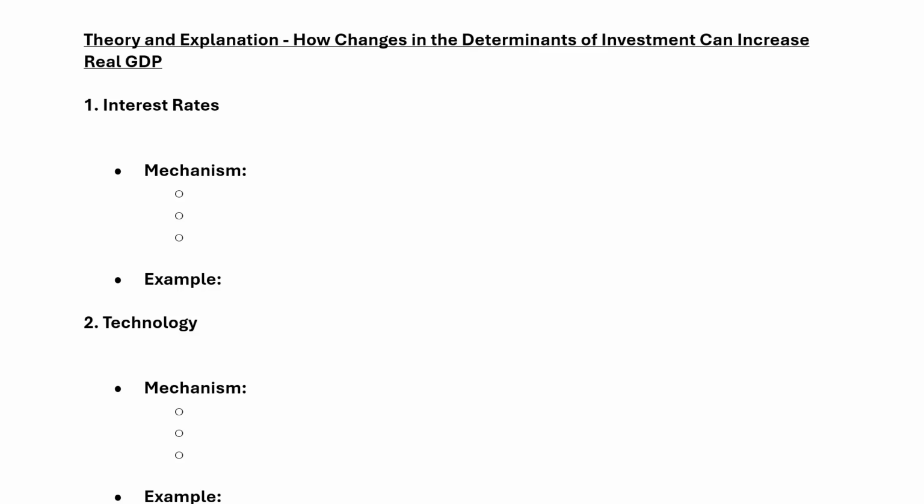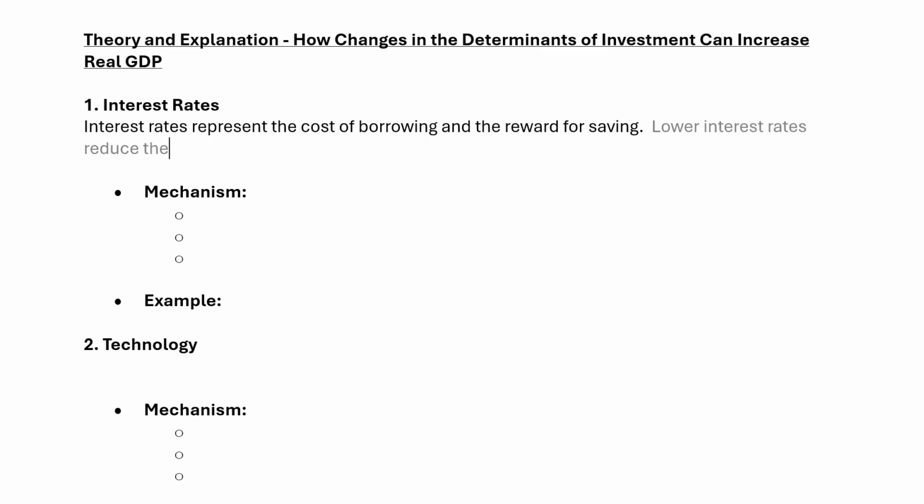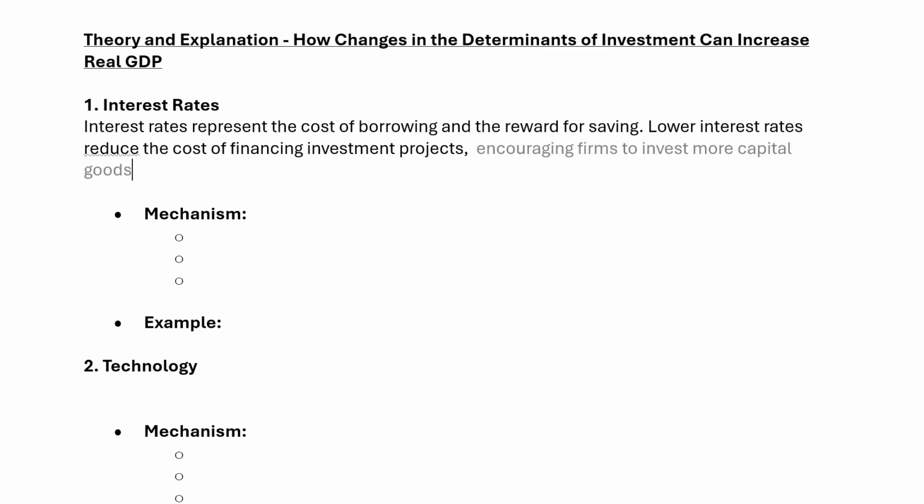Interest rates represent the cost of borrowing and the reward for saving. Lower interest rates reduce the cost of financing investment projects, encouraging firms to invest more in capital goods. Lower interest rates make loans for purchasing machinery or constructing factories more affordable.